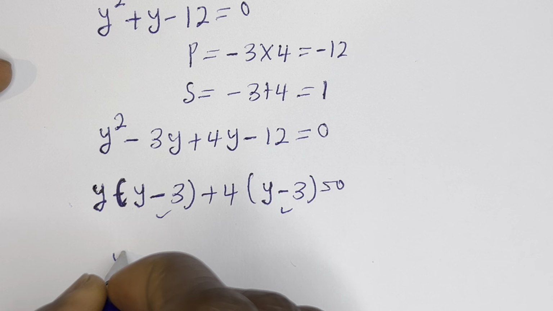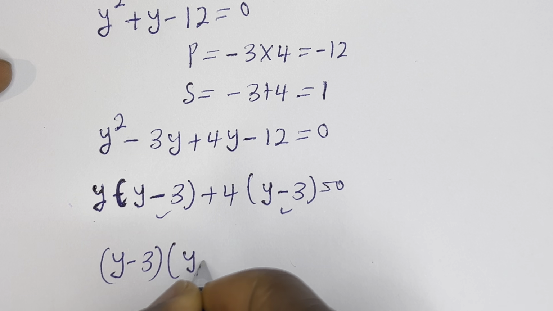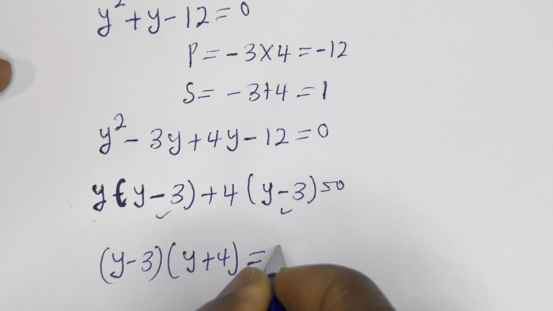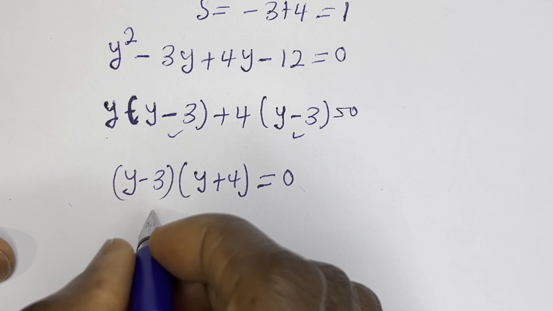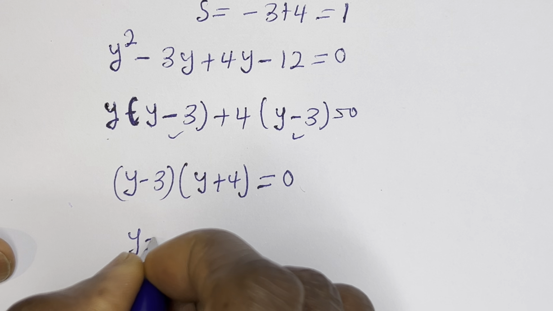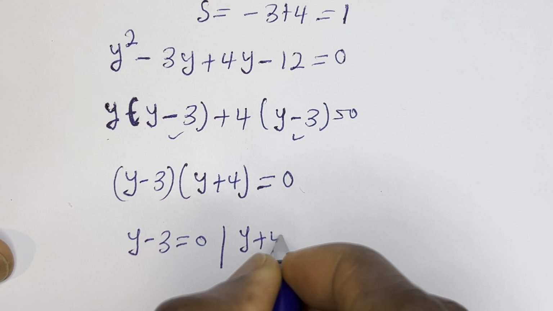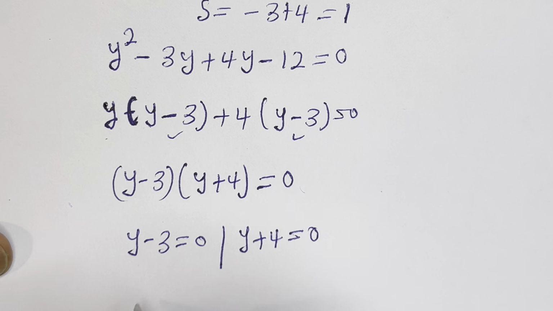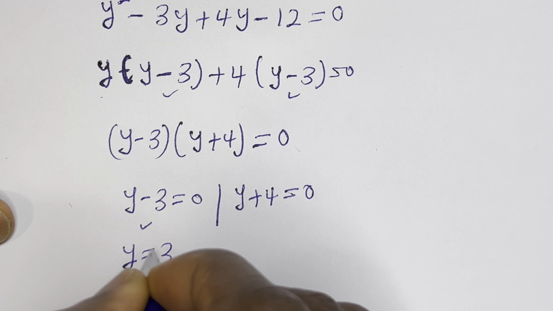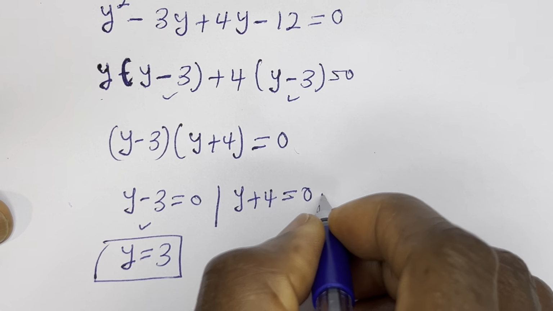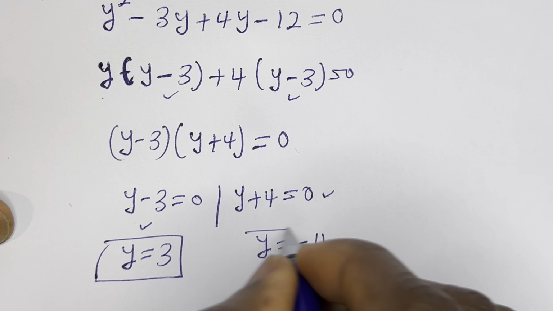We have y minus 3 bracket y plus 4 is equal to 0. Then y minus 3 is equal to 0, and y plus 4 is equal to 0. Then from here, y is equal to 3. And from here, y is equal to minus 4.